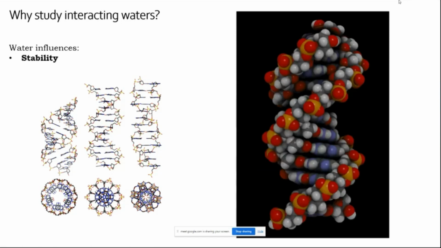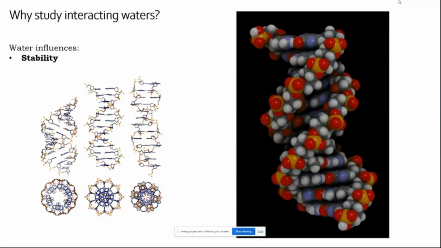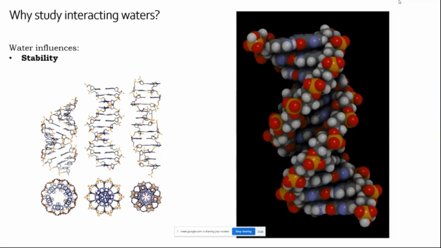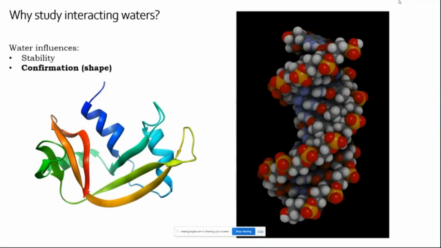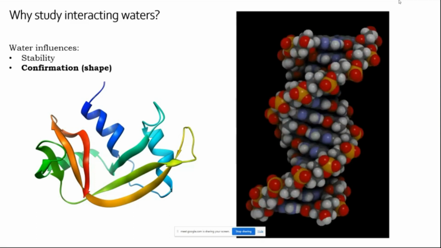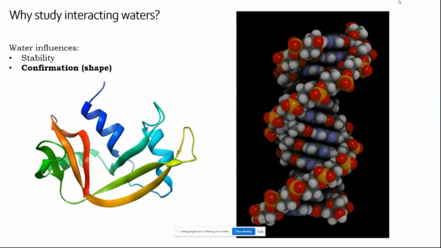We say conformation whenever we refer to the shape of molecules. It has been shown that hydration really affects the shape of molecules, not just DNA, but any biomolecule. And this talk is not just related to either nucleic acids or proteins. It is a generic one, and the concepts can be used elsewhere also.